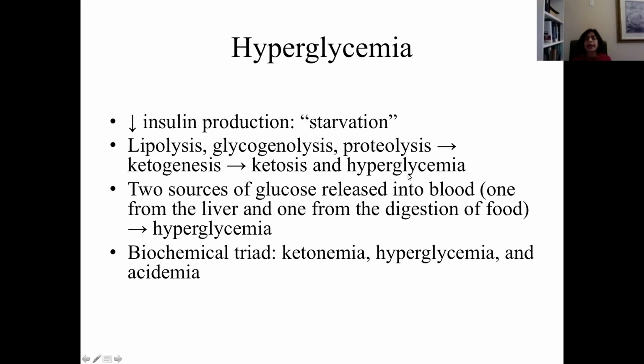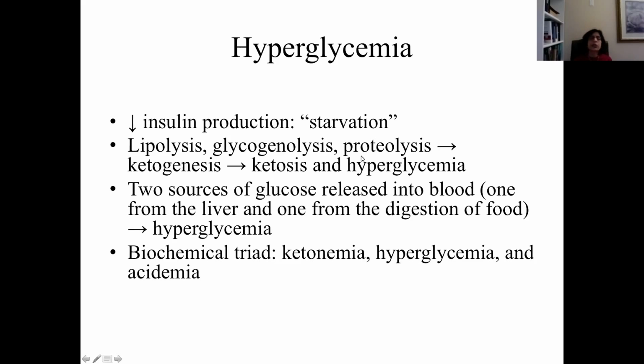Okay, and obviously hyperglycemia. How do we get hyperglycemia? Because you're breaking down glycogen. You're also using another process, that is gluconeogenesis. And how do you do that? By using the fatty acids from lipolysis, amino acids from proteolysis.